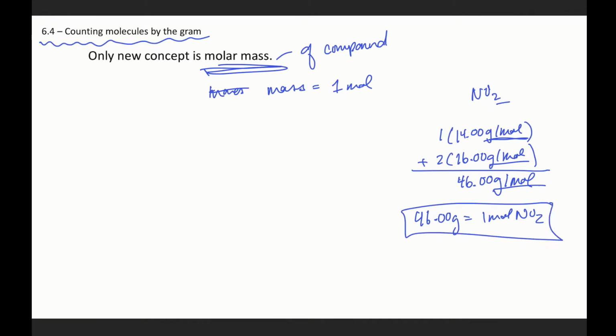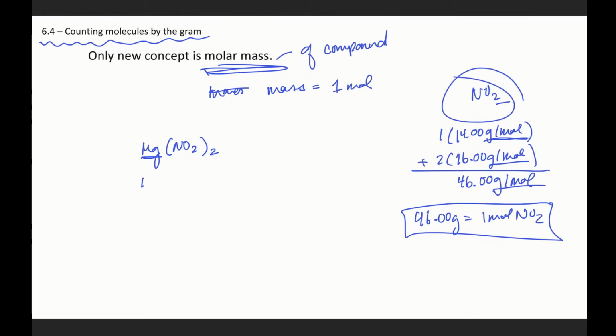If we look at something more complicated, like magnesium nitrite, here we have NO2 again, but it's stuck to a cation, which means it's a polyatomic ion and not the molecular compound nitrogen dioxide.